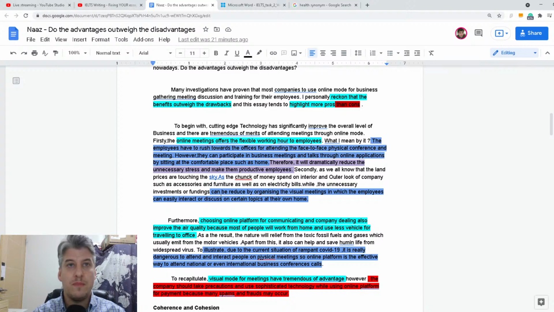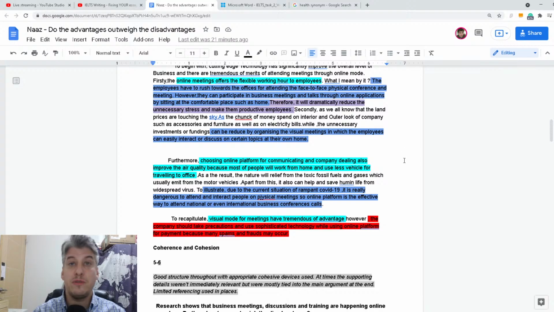But the good thing is at the end here, he says "the unnecessary investments or funding can be reduced by organising the visual meetings in which the employees can easily interact or discuss on certain topics at their own home." So he's bringing it back to the main argument that this is a benefit. So it's kind of linking in here.